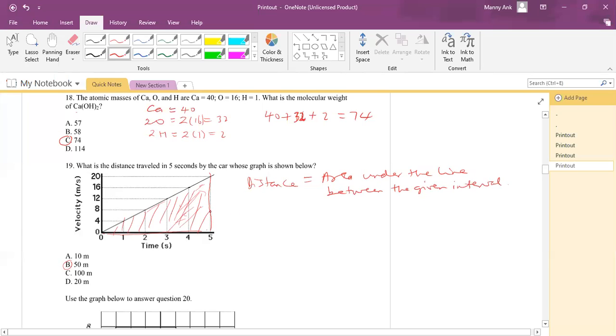Since you have a triangle, we know that the area of a triangle is half base times height. So the distance here will be equal to the area of the shaded triangle.